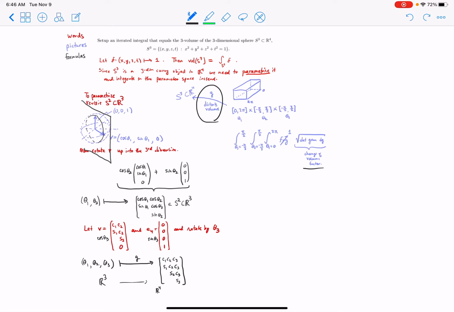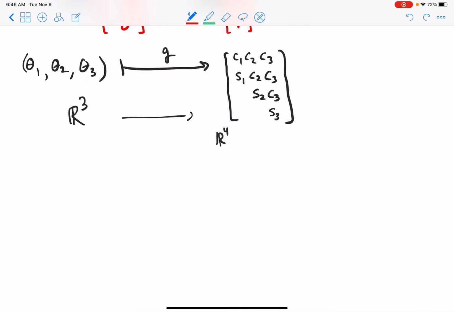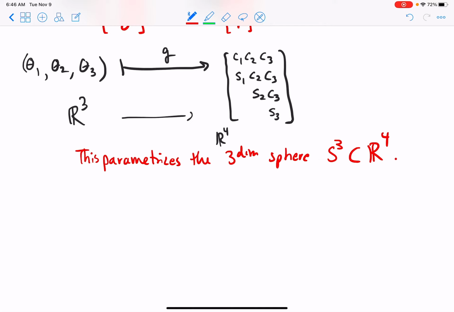Okay. Next, we just need this change of volume factor. So now we just need this change of volume factor.